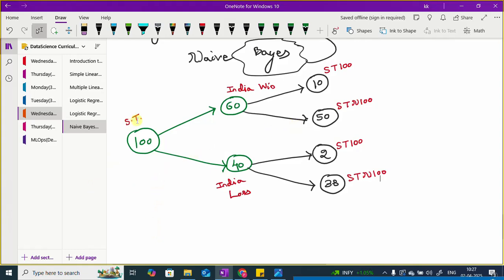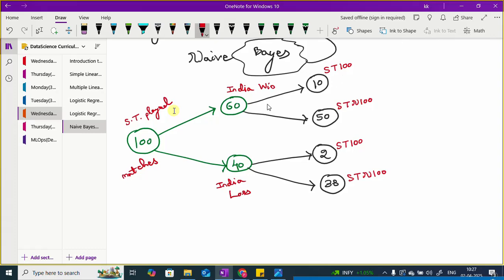Total, Sachin Tendulkar played 100 matches. Out of 100 matches, in 60 matches India win, and obviously the remaining 40 matches India lose. Fine. In those 60 matches, Sachin Tendulkar makes 100 in 10 matches.